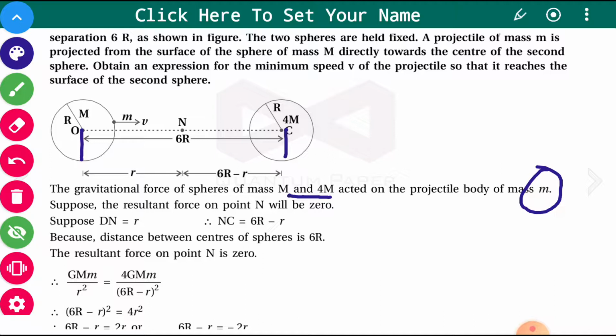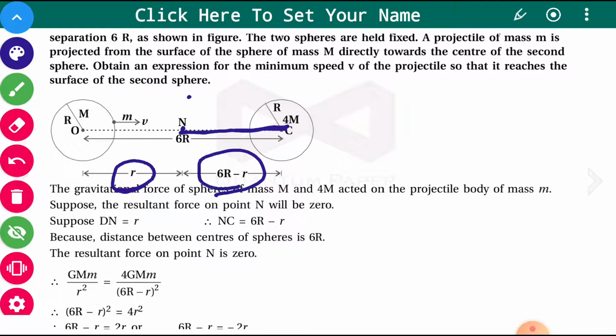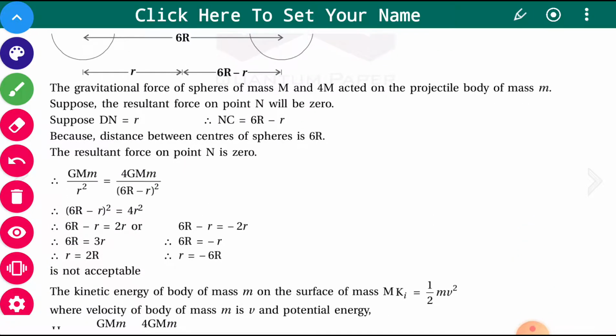Suppose the resultant force at point n, this is a neutral point, becomes 0, and this neutral point is at distance, say r, from the first sphere. So the distance of this neutral point from the second sphere will be 6r minus r. At this point the attractive force by the first and the attractive force by the second will be equal to 0. So we can use this to find the distance small r.